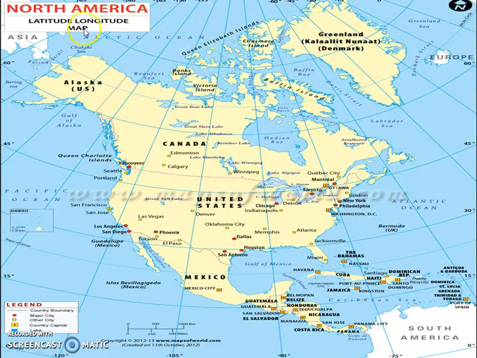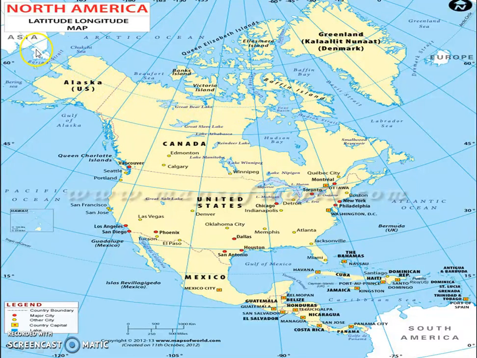Before I move on, I have a couple of things to show you. You have the Arctic Ocean here, and this is your Arctic Circle as well. It would be a bit difficult for you to see this line, but observe it. It is a dotted line with some gaps in between.